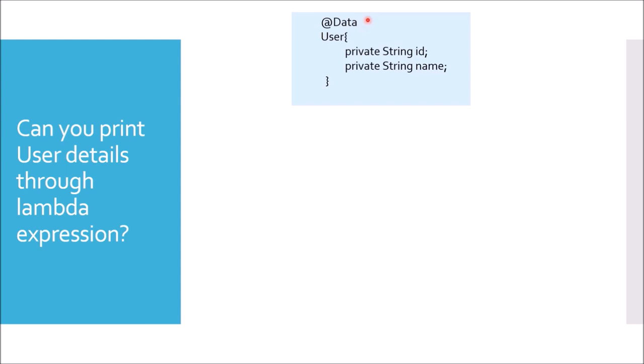This is coming from the Lombok project. This annotation usually provides you getters, setters, equals, hashCode and toString methods. Now, in order to have a list of these, I can create List<User> userList equal to new ArrayList. And let's suppose this list contains 100,000 users.